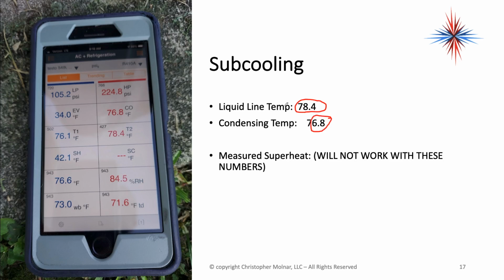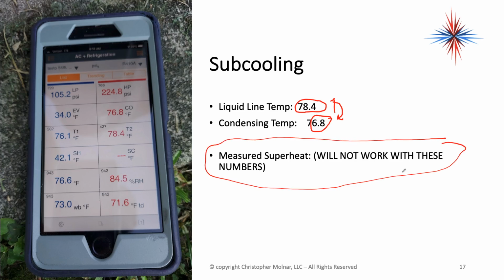Now we have a problem here, okay? Because my condensing temperature should be over my liquid line temperature, because my liquid line temperature has the subcooling. These values really should be reversed. In this case, this isn't going to work because I can't have a negative subcooling.